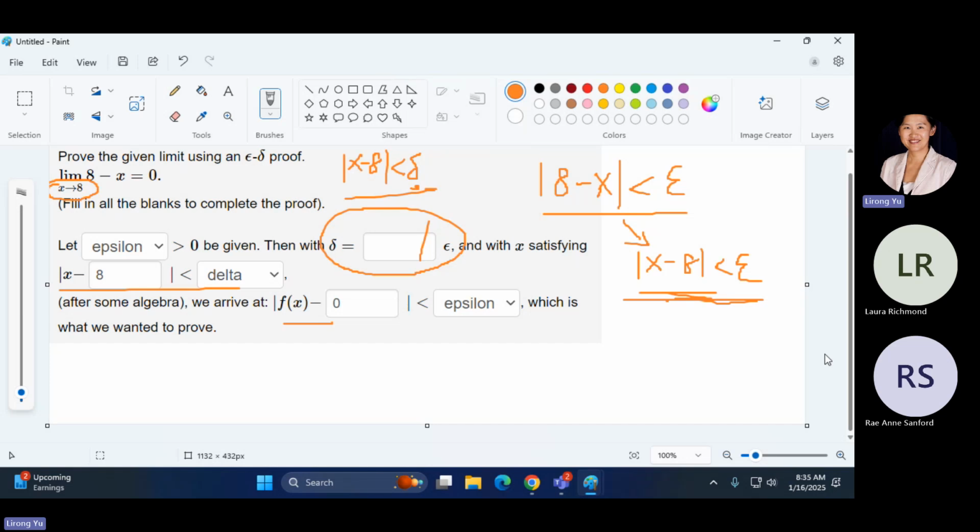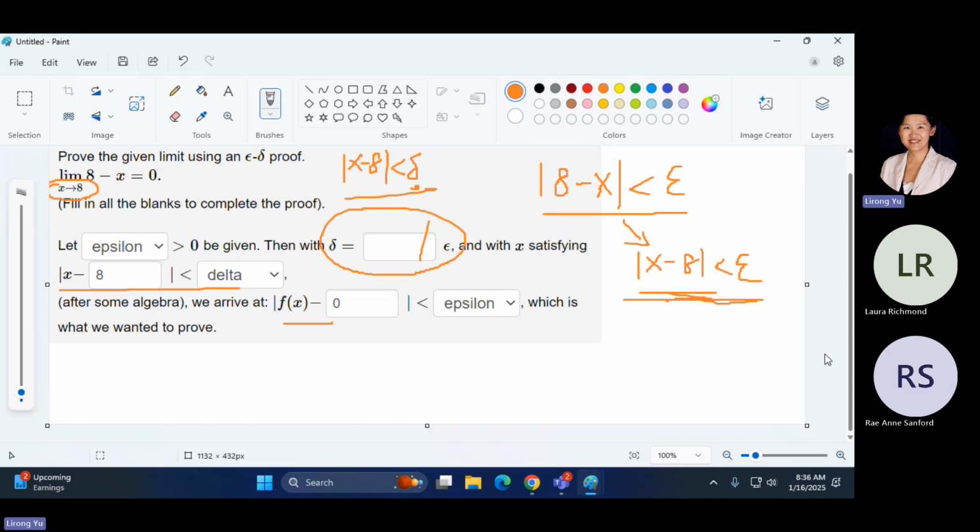So these two are the same. 8 minus x and x minus 8 are opposites, one negative, one positive, but with absolute value they're the same thing. So the answer for this question is just 1.